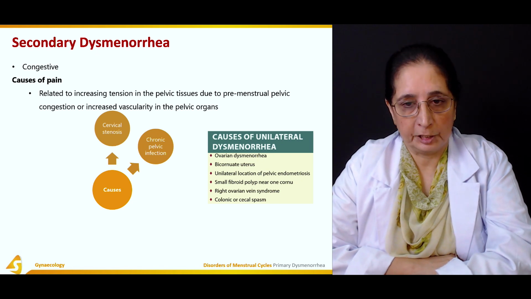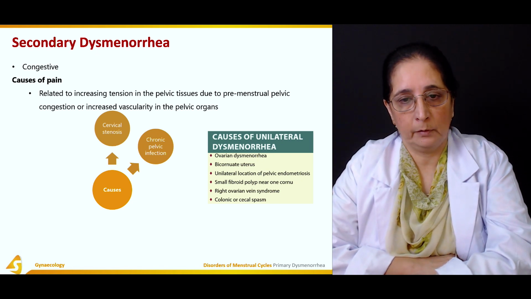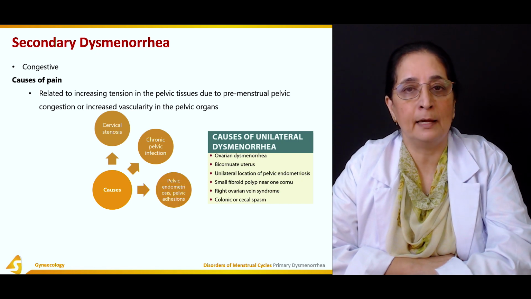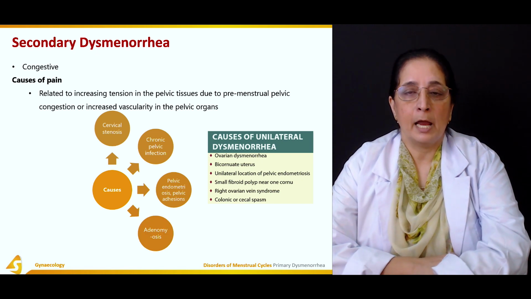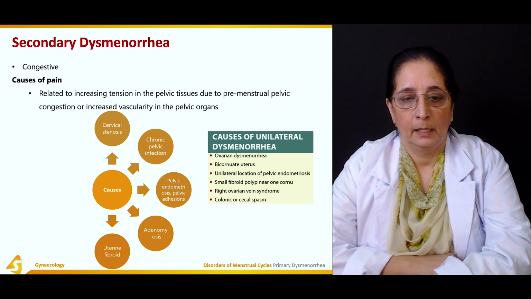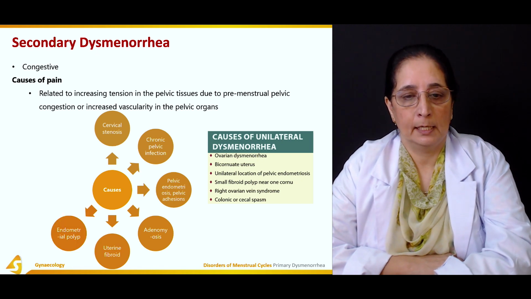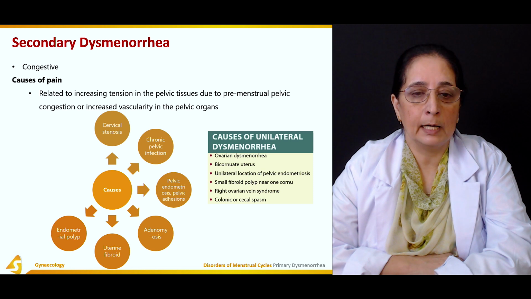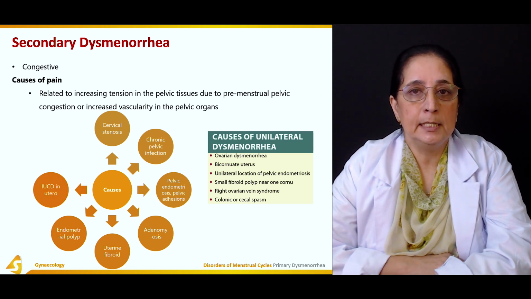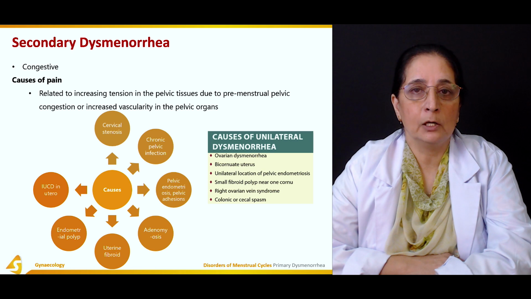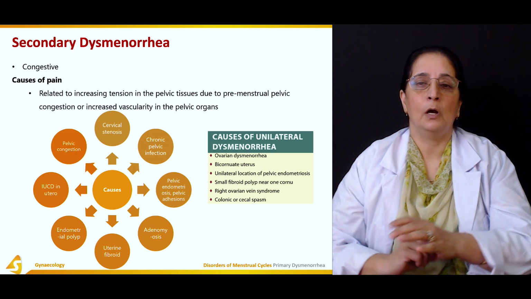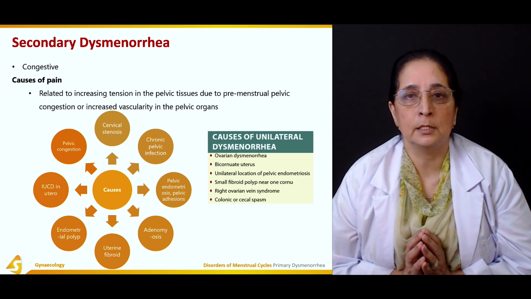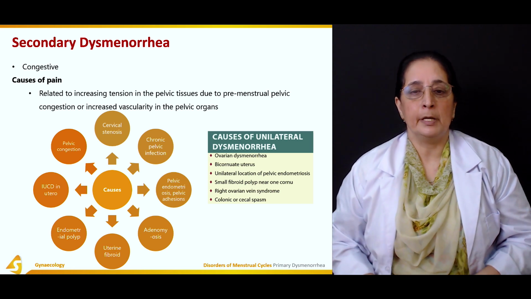Chronic pelvic infections can lead to secondary dysmenorrhea, as can endometriosis or pelvic adhesions, adenomyosis, uterine fibroids, endometrial polyp, an IUCD in the uterus, which is an intrauterine contraceptive device, or pelvic congestion. So all these are common causes of secondary dysmenorrhea.